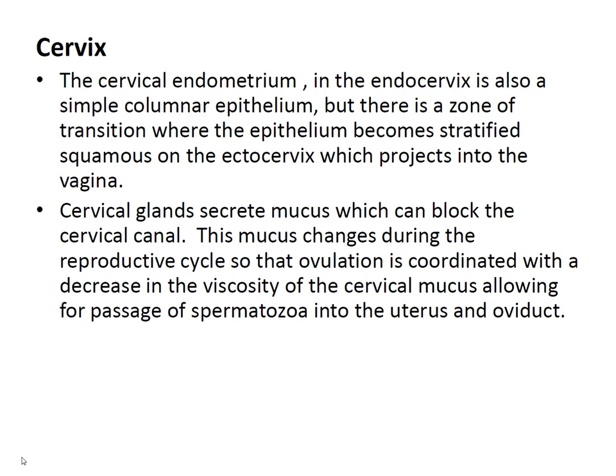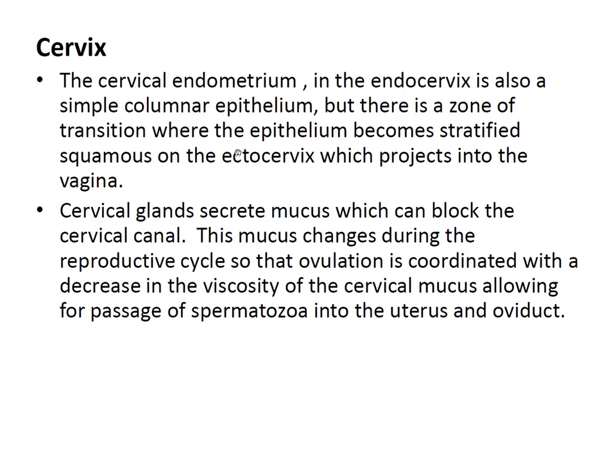Now let's look at the structure of the cervix. The two portions of the cervix are the endocervix or cervical canal, and the second part, the ectocervix, which projects into the vagina. The endocervix has simple columnar epithelium, but there is a zone of transition where this epithelium becomes stratified squamous on the ectocervix part.